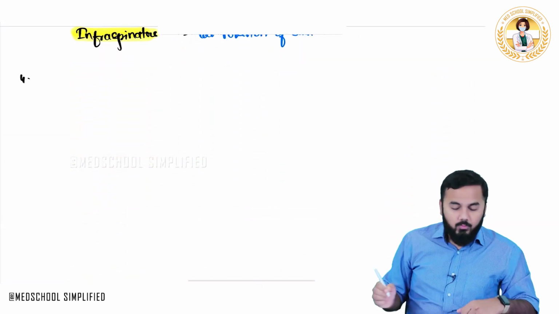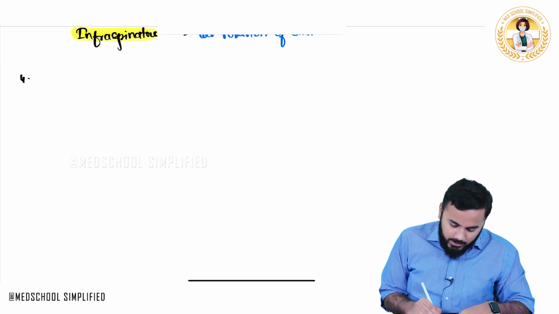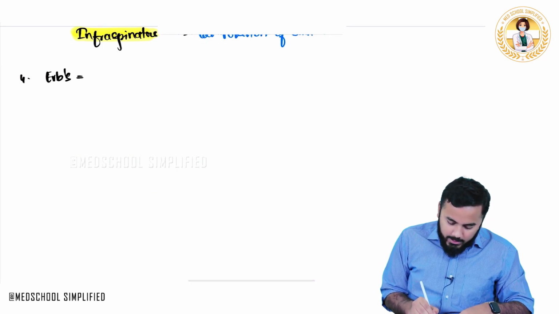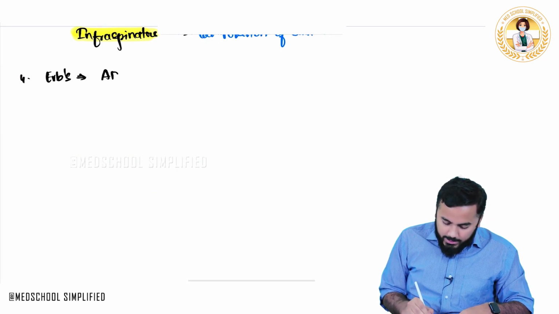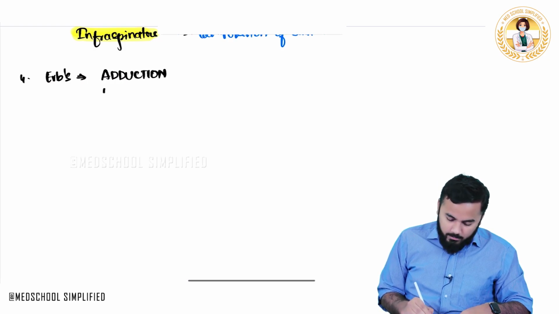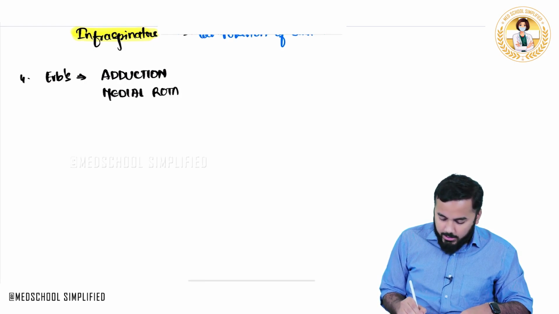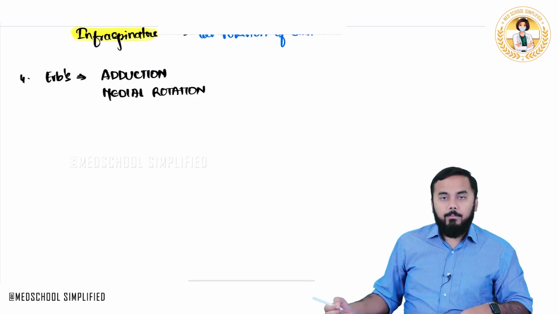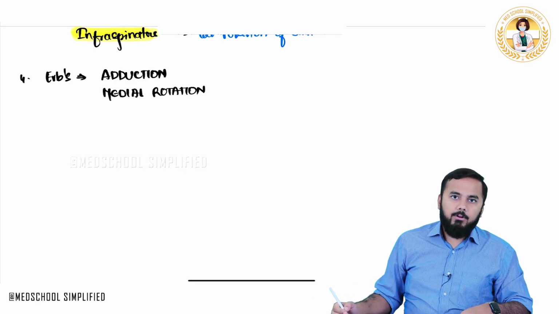The fourth important thing is what will happen to the patient in case of Erb's palsy. You will see adduction as well as medial rotation of the arm.